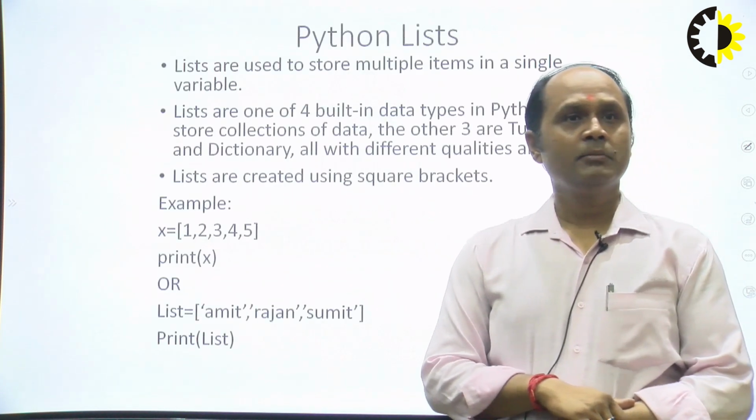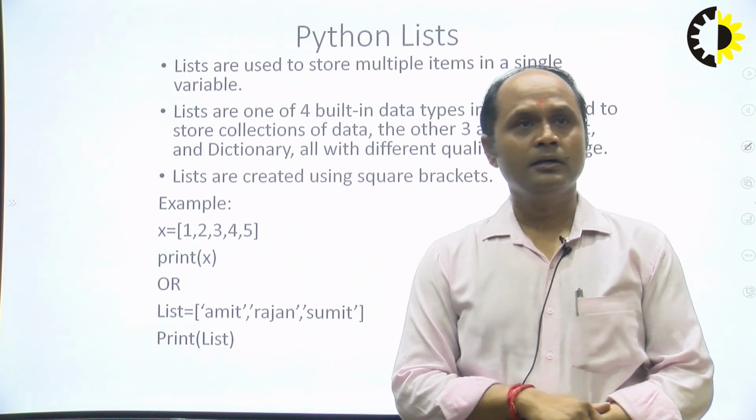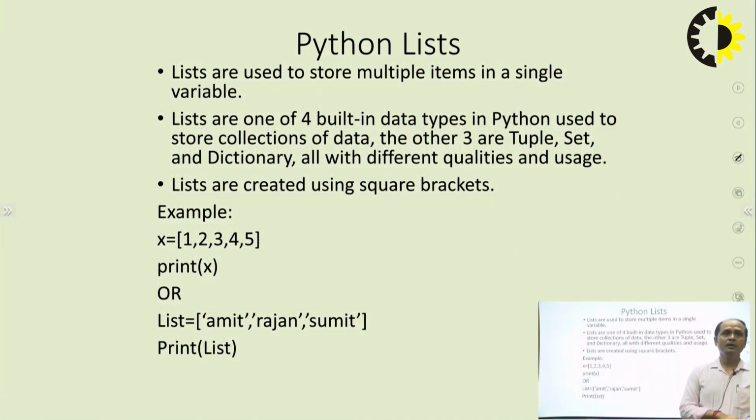A list is a data type that is used to store multiple items in a single variable. Lists are one of the 4 built-in data types in Python used to store collections of data. The others are tuple, set and dictionary, but we will discuss only the list in this lecture.